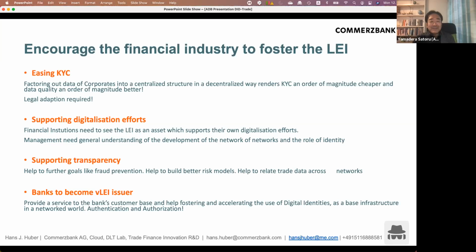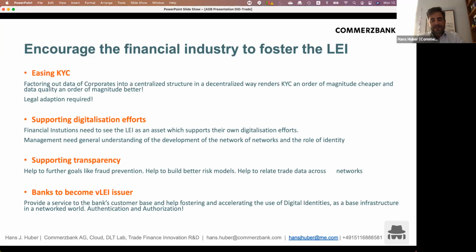The management, and we've said that in this session before, needs a general understanding of the development of this network of networks, and that would help in bringing utilities like the legal entity identifier a lot further and accelerate that development.